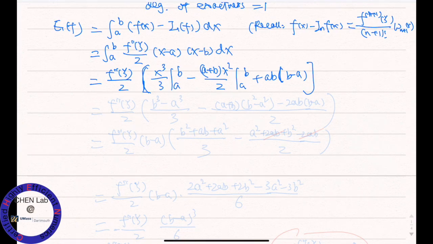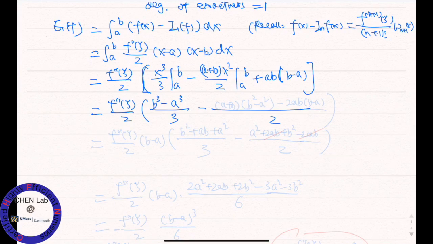And so we're going to get f double prime c over 2 times, we have (b cubed minus a cubed) over 3. Let's do a common denominator 2.